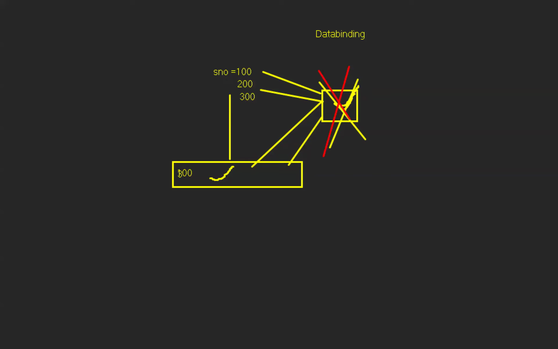This concept we are calling as data binding. Is it clear? So we have two types of data bindings, one-way data binding and two-way data binding. What is that one-way data binding, two-way data binding? We'll discuss later. So this is the first feature. It supports data binding.